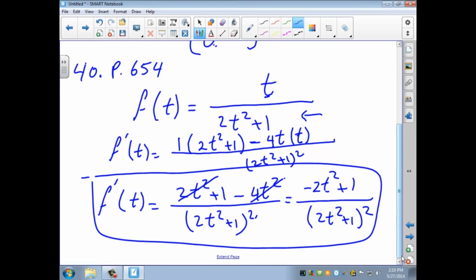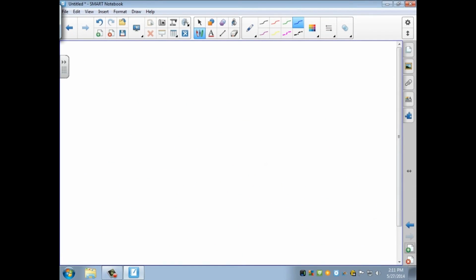I said I would do another problem from this section, which is a little bit different. So let me do this one also. This is again in the review section, problem number 34, page 654.